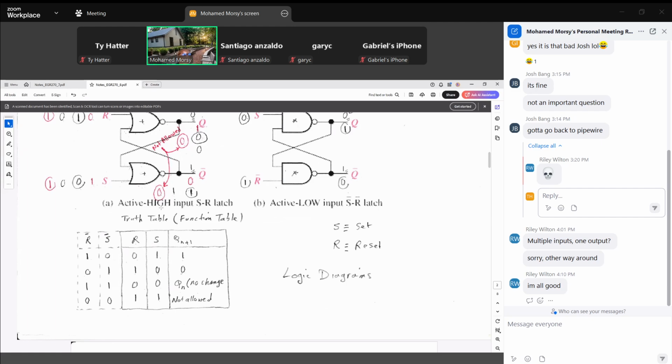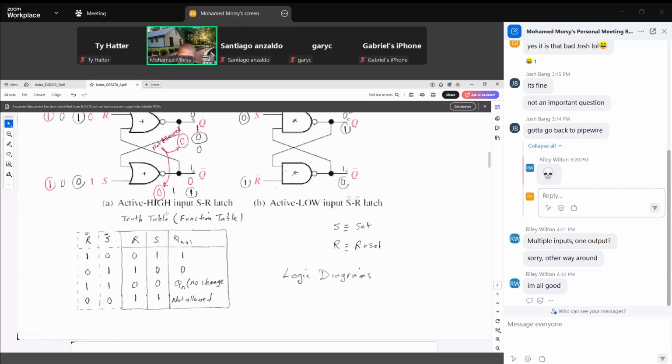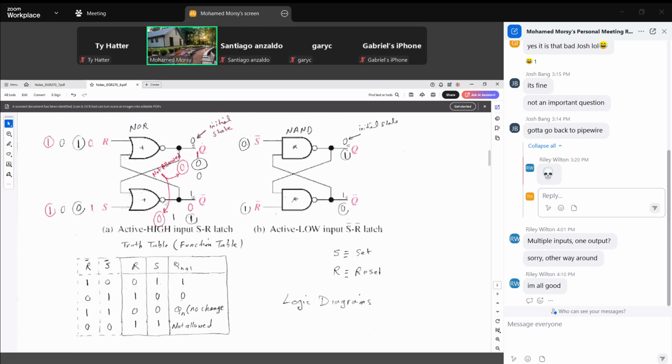If S is 1 and R is 1, this is not allowed. It's not allowed for the two inputs of the latch, S and R, to be 1 at the same time. In any design, we have to be very careful never to allow R and S to be 1 at the same time, because the output cannot be predicted.